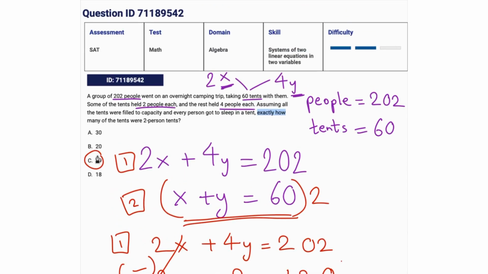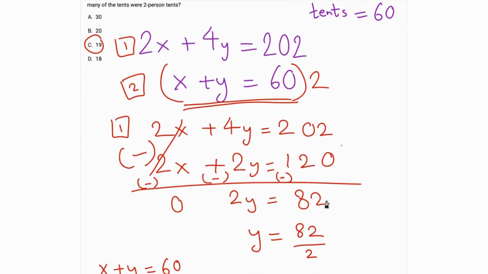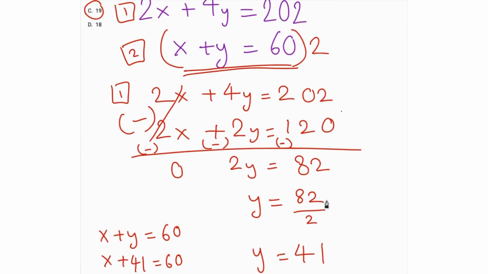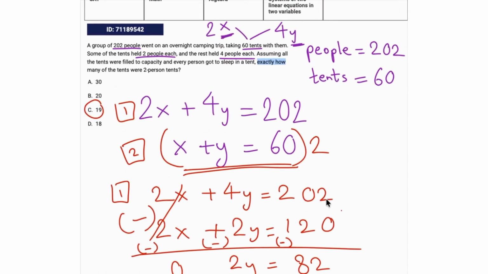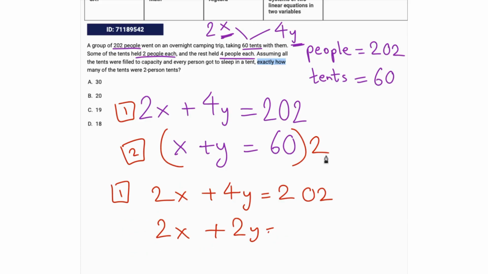Now here, instead of multiplying by 2, actually, let me just show you all of this again. Instead of multiplying by 2, we could have actually multiplied some other number here. Here, we could have multiplied by 4 instead, and I'll tell you why.